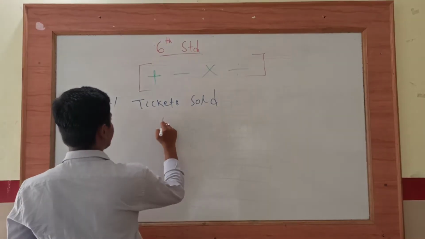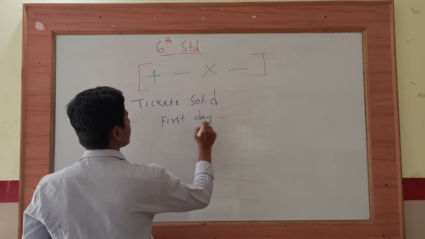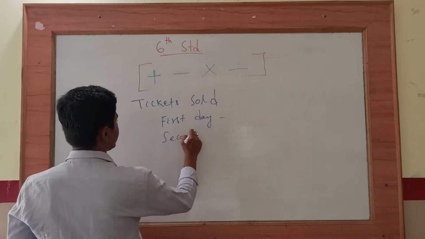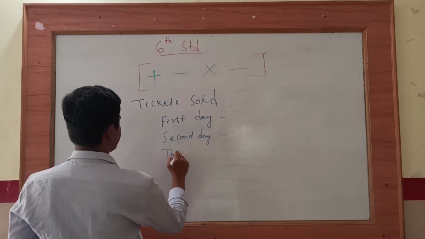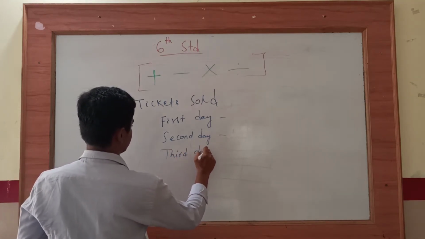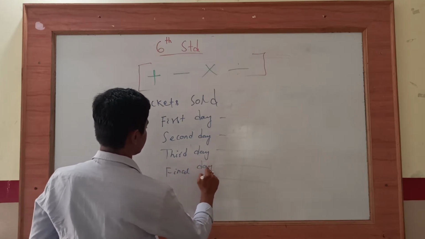Tickets sold on the first day, the second day, the third day, and the final day, that is the 4th day.